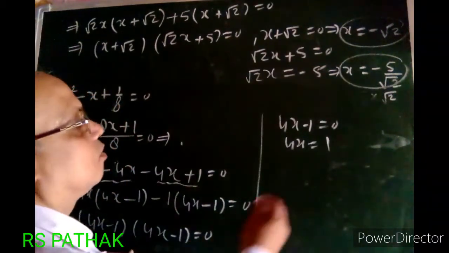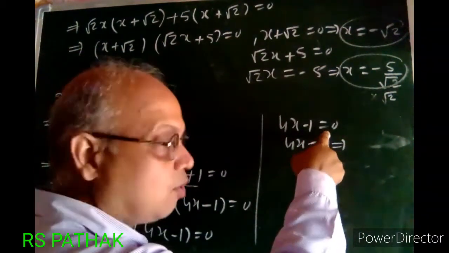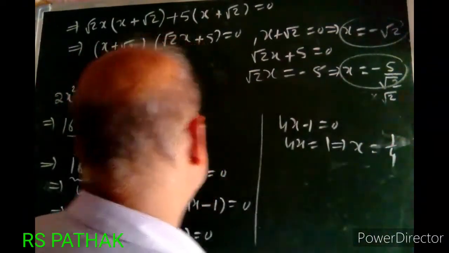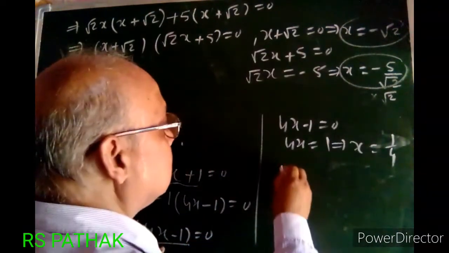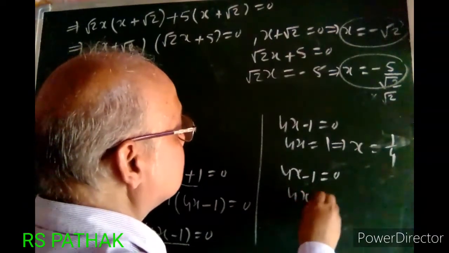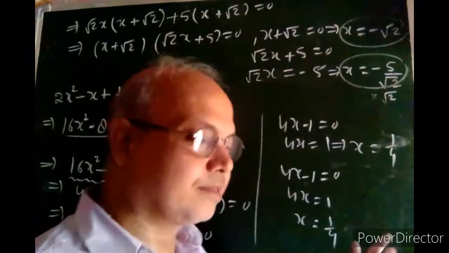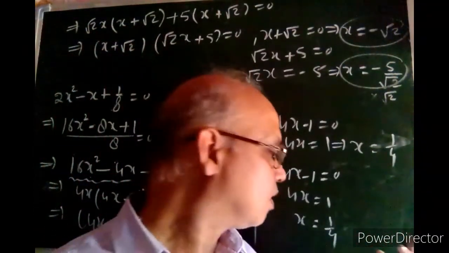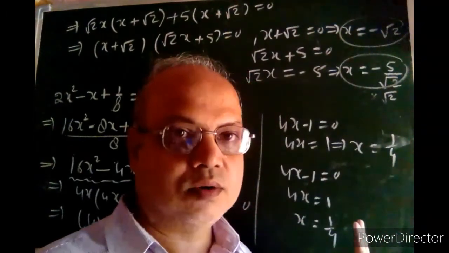Therefore, I will equate to 0. 4x minus 1 equal to 0, 4x equal to 1, therefore x equal to 1 upon 4. And the second factor is same. 4x minus 1 equals 0, 4x equal to 1, x equal to 1 upon 4. Both the roots are same. Okay. Have you understood? Okay.